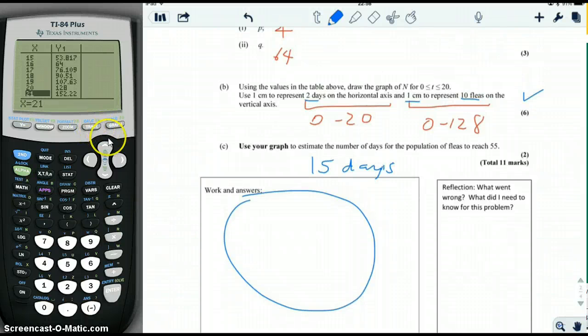Now we could check that with the calculator, right? It said to use the graph, but let's use the calculator to see what that would be. So we found it to be 15 days, not 50 days. Okay, so I'm looking basically for 55 fleas in the Y column. Went way too far.